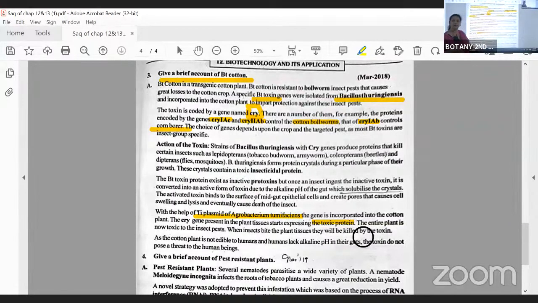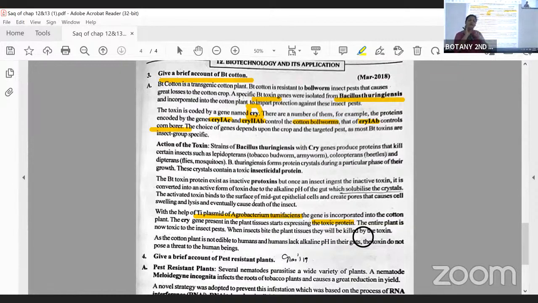And this Cry gene will be releasing the toxin in liquid form in the plant body. Once the insect comes and takes the cell sap of the Bt cotton plant, this liquid goes into the gut of the insect.